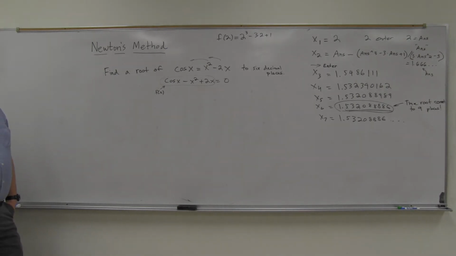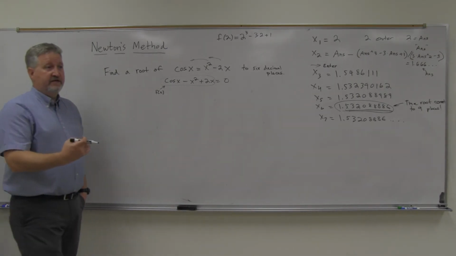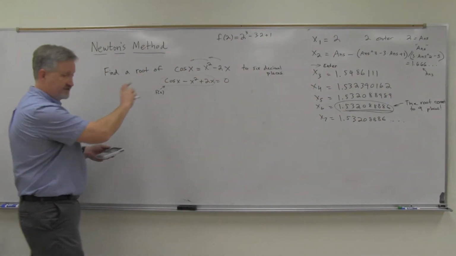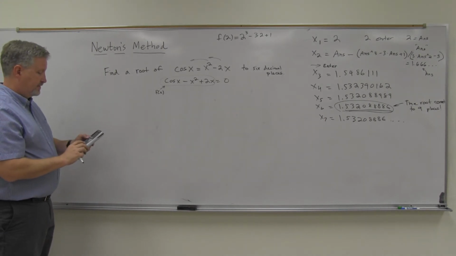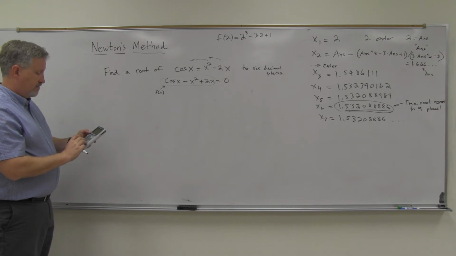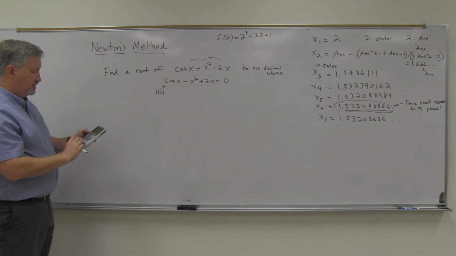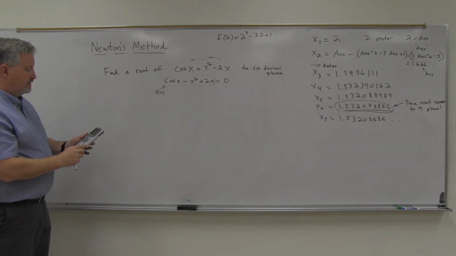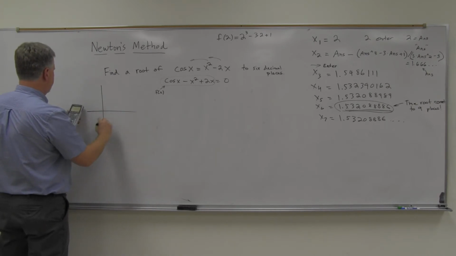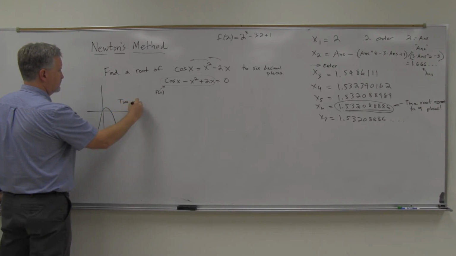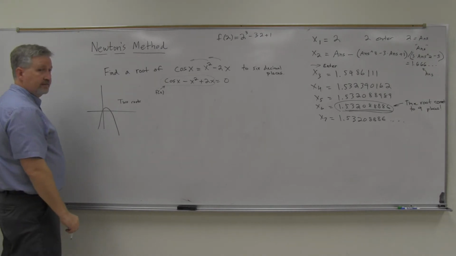So I want to find a root of that. Well, it didn't give me a starting place. So graph this function here: cosine of x minus x squared plus 2x. Okay, well, it looks like there's two roots. Two real roots, right?